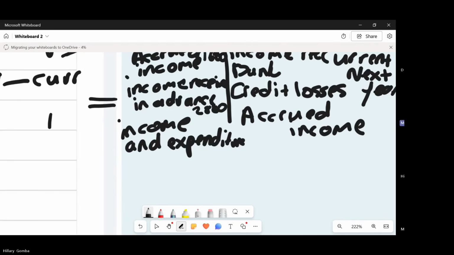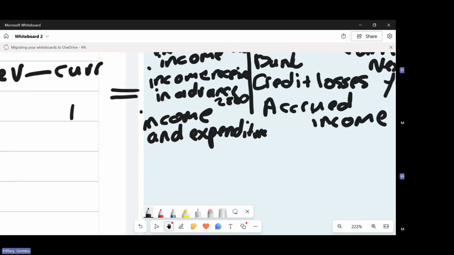Yes. Your yes is not convincing, eh? So you said on the debit side is previous year and current, and on the credit side it's current to next year.